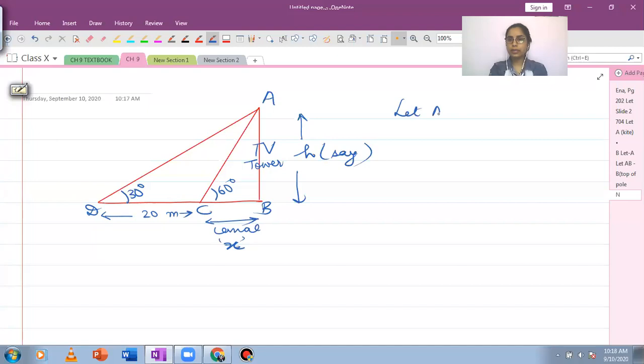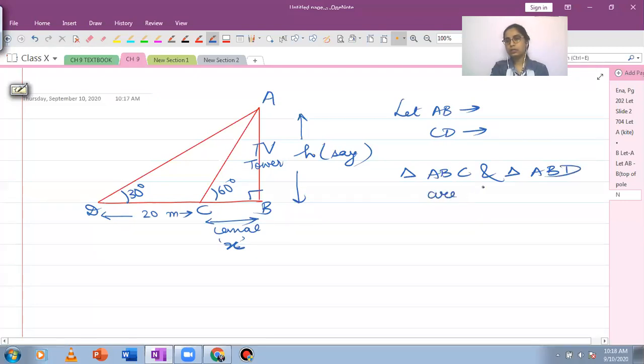And then you can just write down what is AB, then CD, and then you can start. Triangle ABC and triangle ABD are the two right triangles. I'm going to work with triangle ABC, the smaller triangle, perpendicular and base.